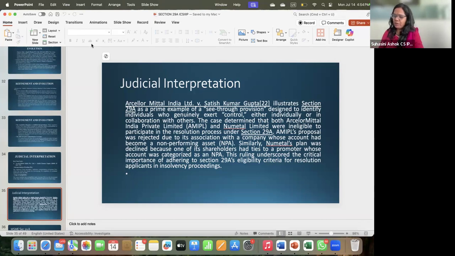So we'll discuss a few case laws where the principles of Section 29A are dealt with by the Supreme Court.